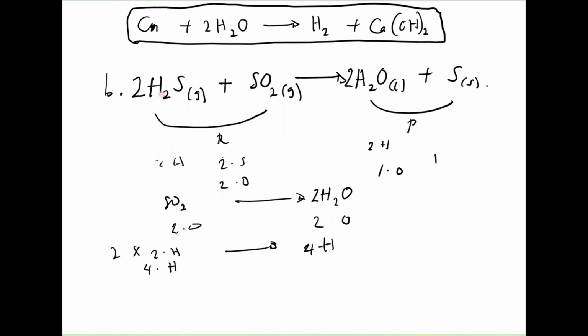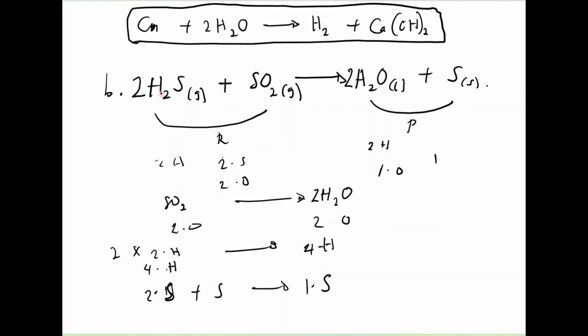Now what is happening? Now sulfur, right? Sulfur is found in both H2S and SO2, and overall you have two atoms of sulfur plus one atom of sulfur, making 3, right? So all has been converted to solid sulfur here.